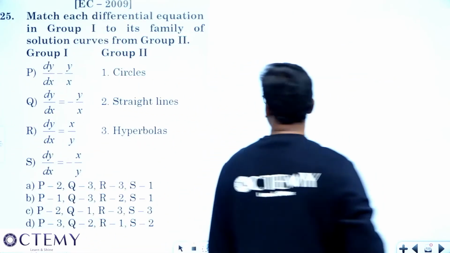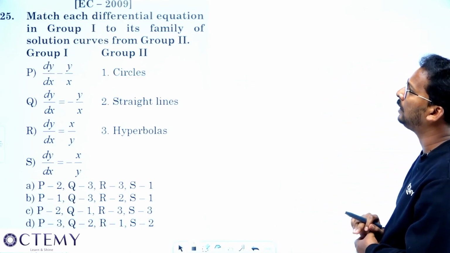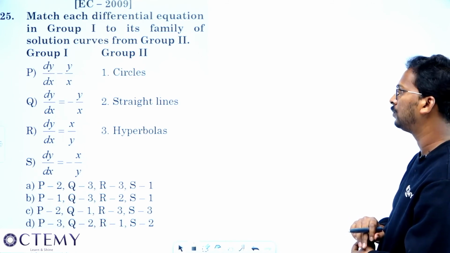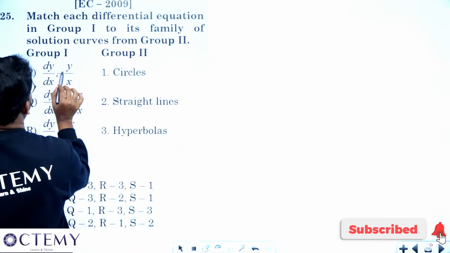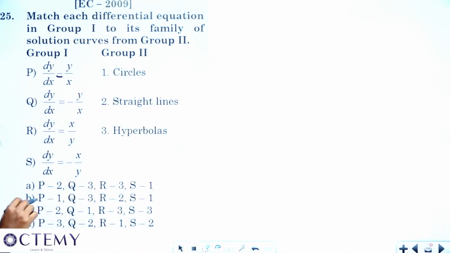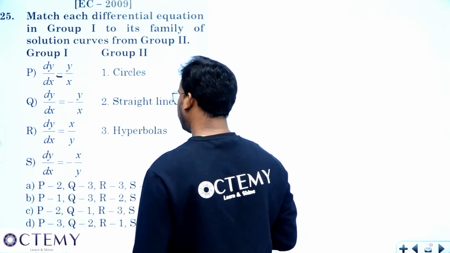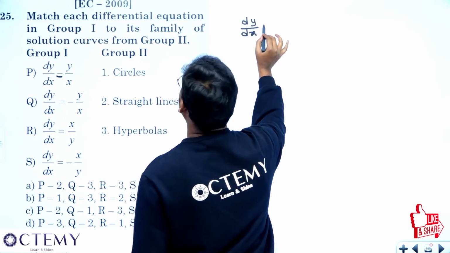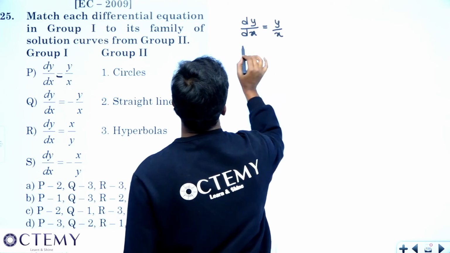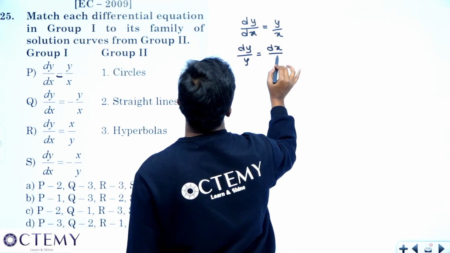Next question. The next question says, match each differential equation in group 1 to its family of solution curves in group 2. So this should be dy by dx is equal to y by x, dy by dx is equal to minus y by x, and dy by dx is equal to x by y minus x by y. Very simple, sir. So see, what will this become? If you write dy by dx is equal to y by x, this will become dy by y is equal to dx by x.